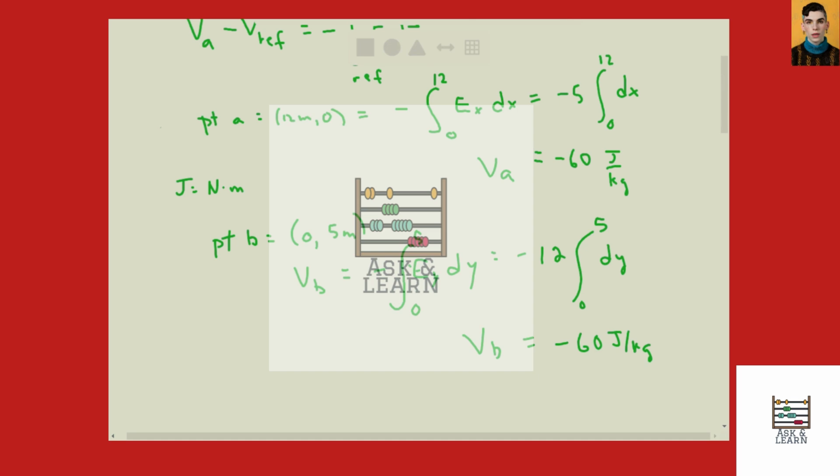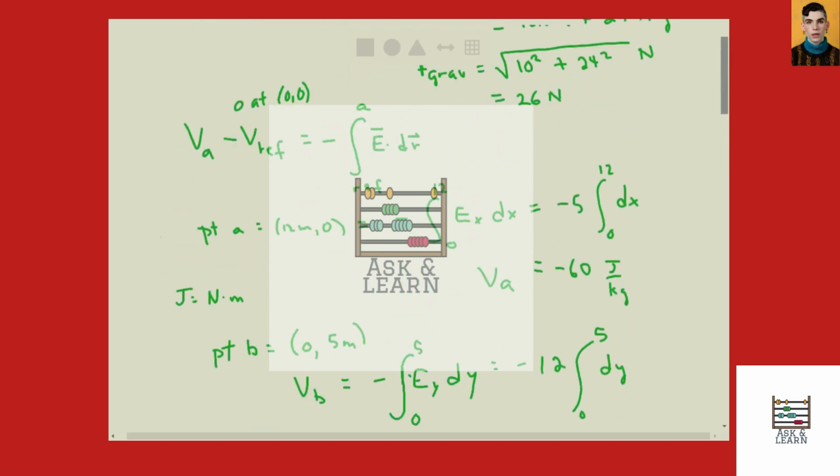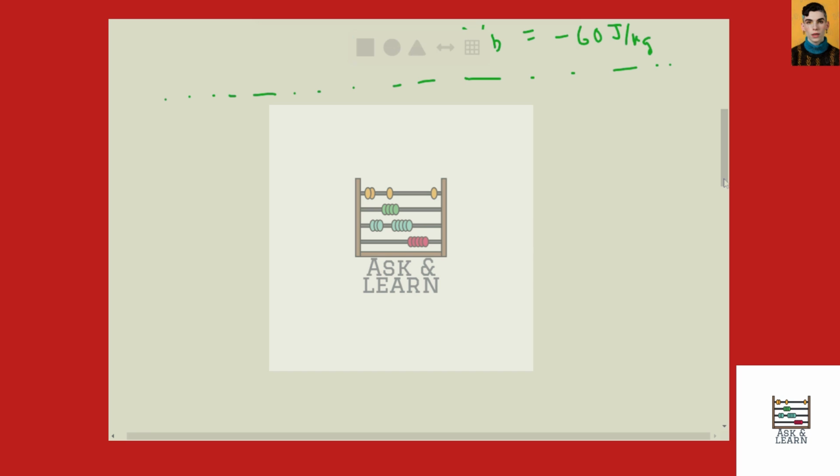Okay, so the useful thing about potential in electricity is it is related to the potential energy of moving a particle around in the field. And we can define potential energy in a similar way here.